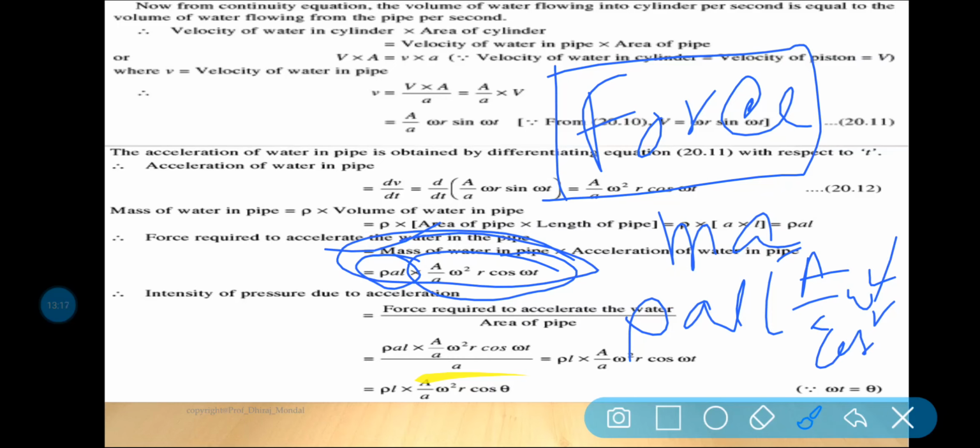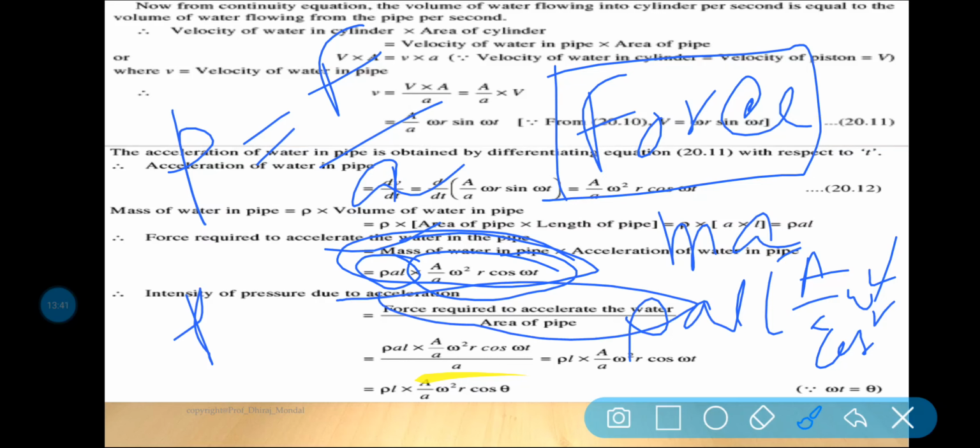Now once I have got this force, can I find out the intensity of pressure due to acceleration? So intensity of pressure due to acceleration is equal to force by area of the pipe, because we know that pressure is force per unit area. So intensity of pressure due to acceleration is equal to force required to accelerate the water by area of the pipe.